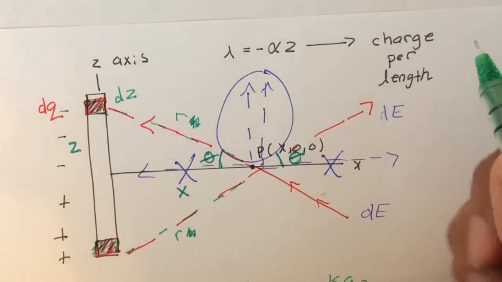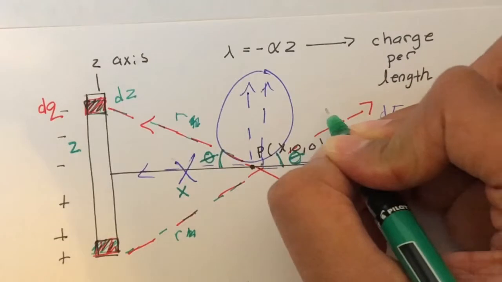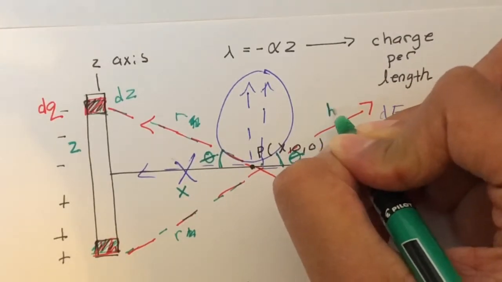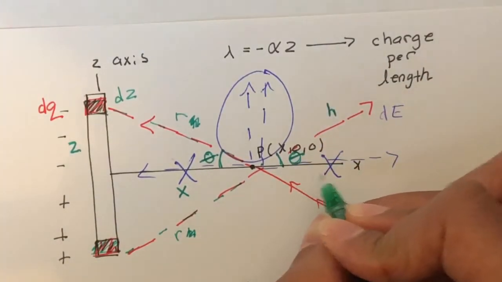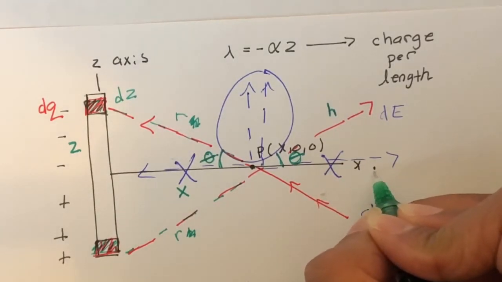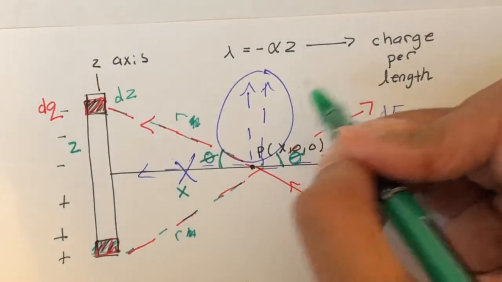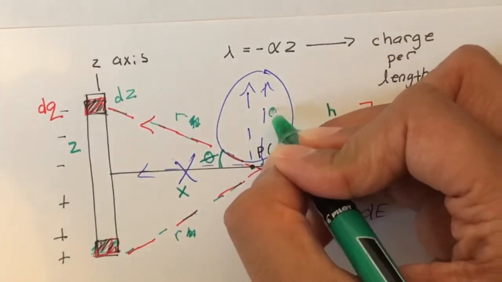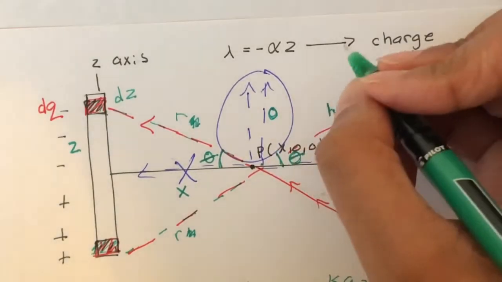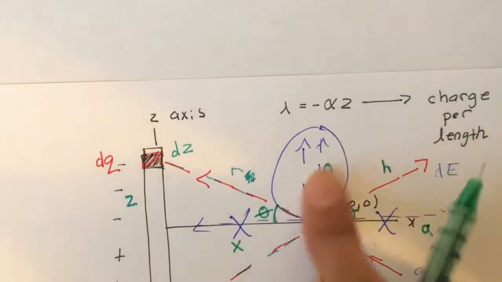Since this is our hypotenuse and this is our adjacent side, that would be cosine. But since this is opposite over hypotenuse, it would be sine. So that's why it's sine theta. Opposite over hypotenuse in this direction. Okay.